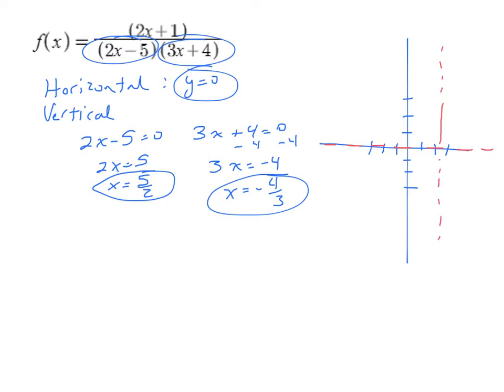I've got another vertical asymptote at negative 1.5. Okay? And then I've got some things to do to decide how I'm going to graph this function. I want to test some points in this region to see what's happening, in this region, and in this region.